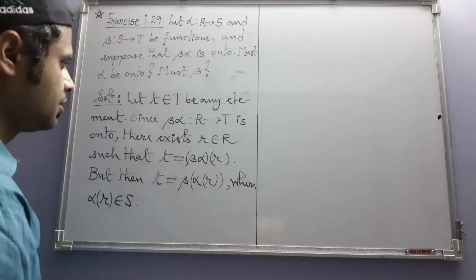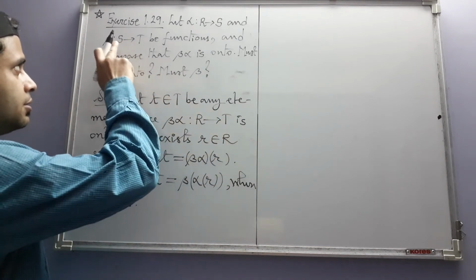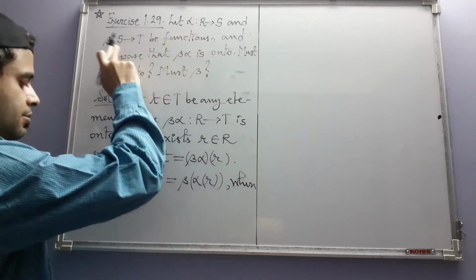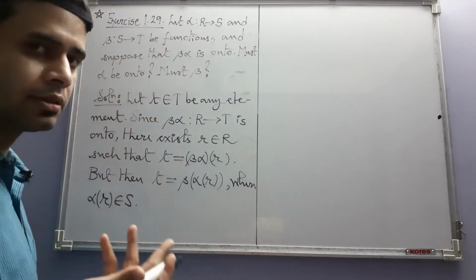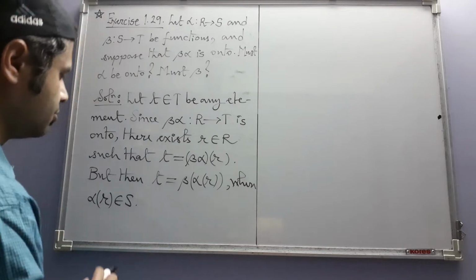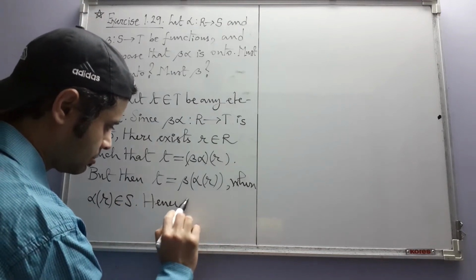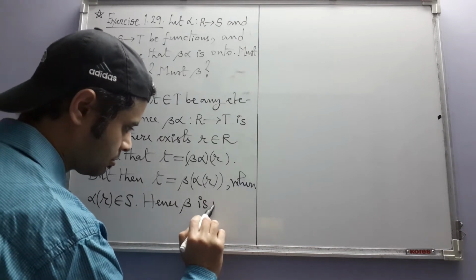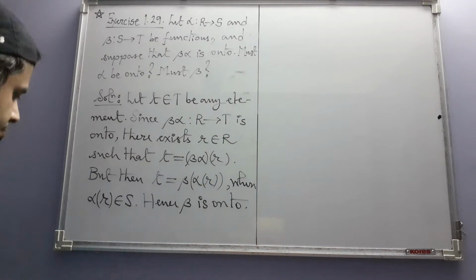So every element in capital T has an inverse image in S under the function beta. So that tells us that beta is onto. Hence, beta is onto.